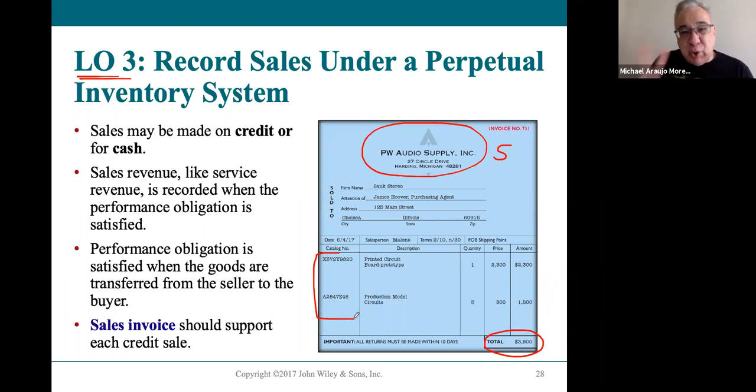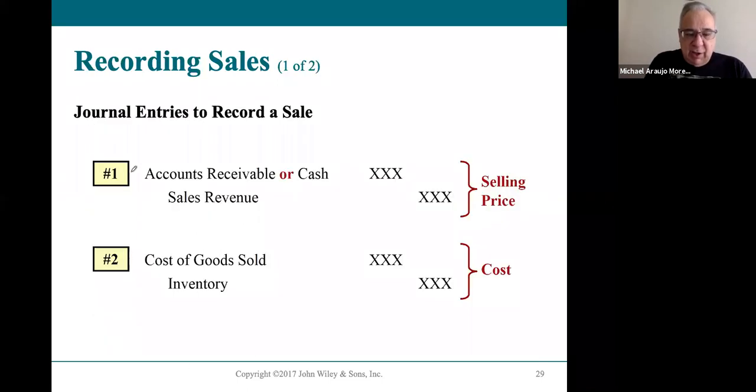So there's actually two things that are happening on the seller's side. They are making a sale, so they're earning revenue. They have sales revenue. But they also have to expense the inventory that they just sold. So two things are going to happen to the seller. The very first thing is they record the sale.